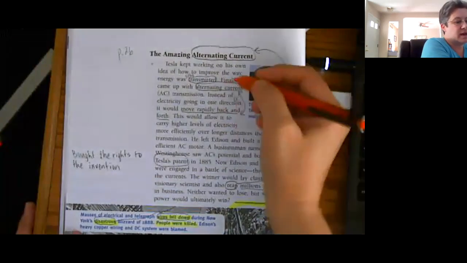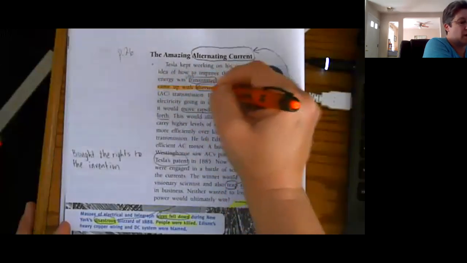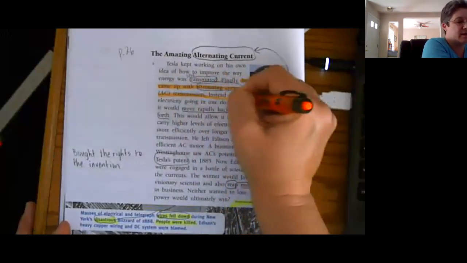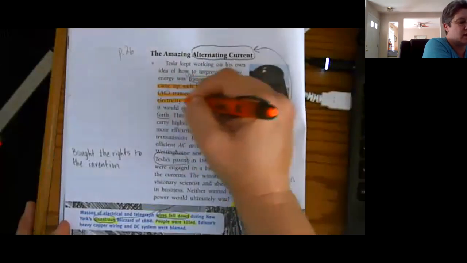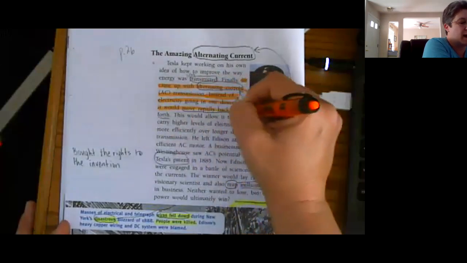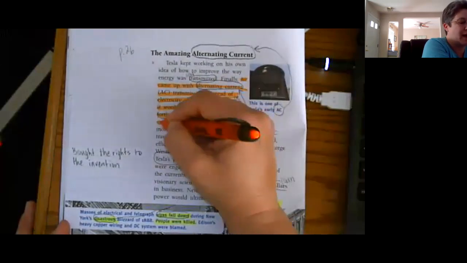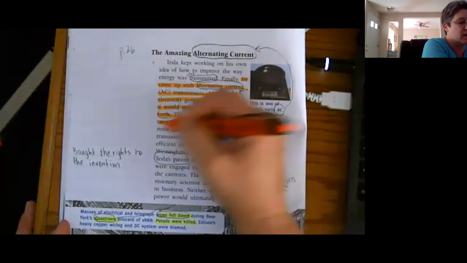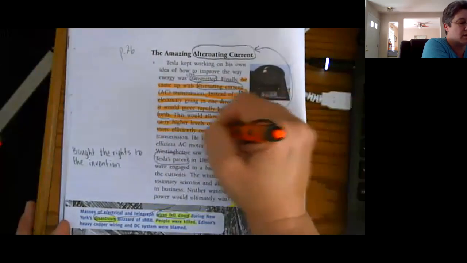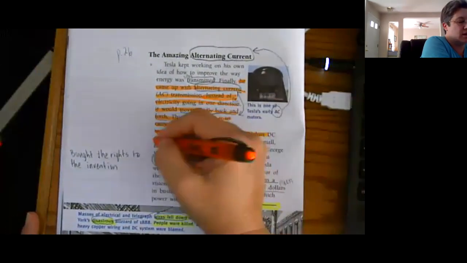So the main idea of this section is that he, Tesla, came up with alternating current transmission. Instead of electricity going in one direction, it would move rapidly back and forth. This would allow it to carry higher levels of electricity more efficiently over longer distances than DC transmission.